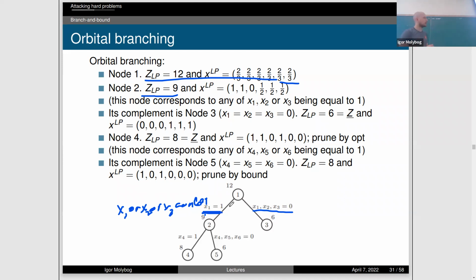Potentially you could use others. For example, this permutation x1 to x4, x2 to x5, x3 to x6 belongs to G, the group of A, B, C, but also this permutation x1 to x2 also belongs to G. You don't have to use all of the permutations in G in order to do your branching.